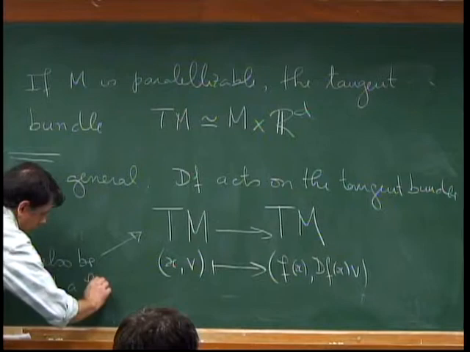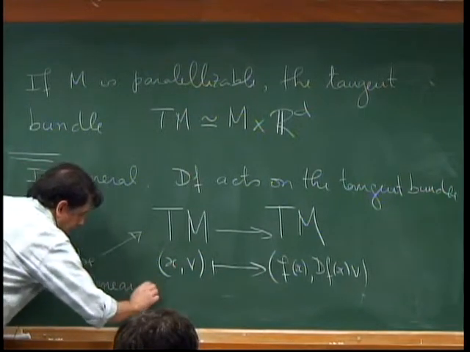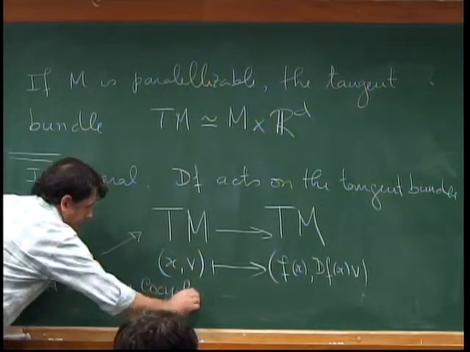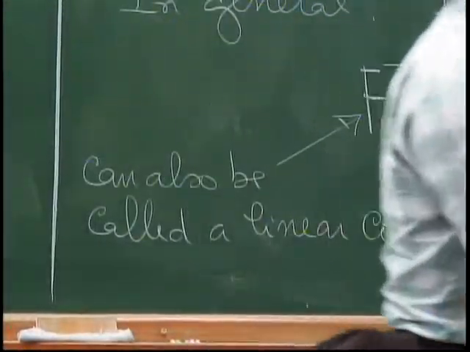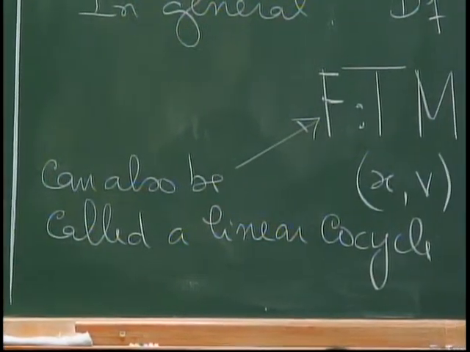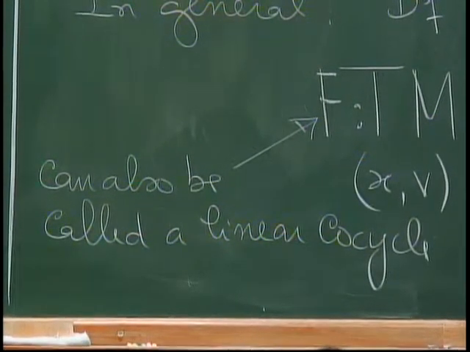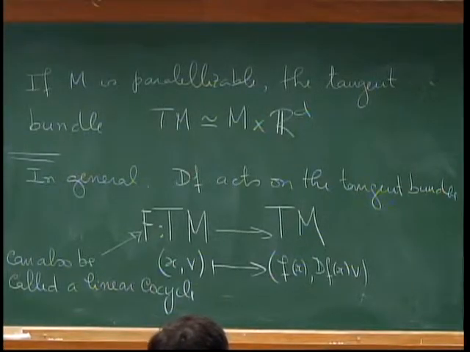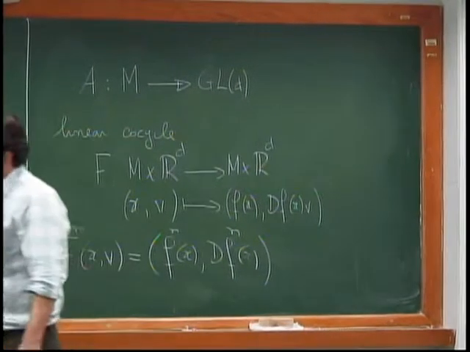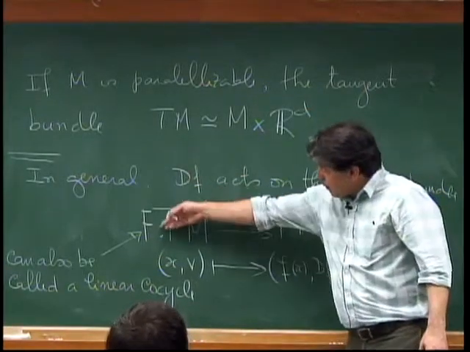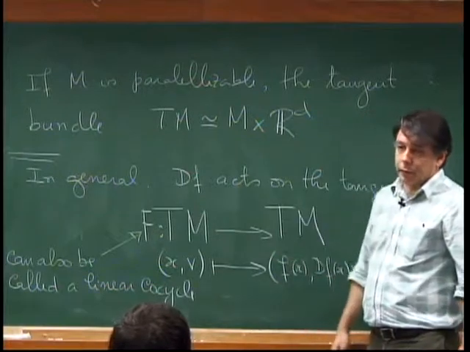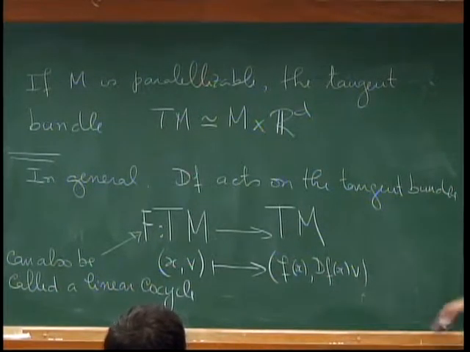What I'm saying is that my definition of linear cocycle requires the ambient space to be a product, but I could generalize the notion to include examples such as this, where the ambient is not a product, is a fiber bundle, a vector bundle over M.